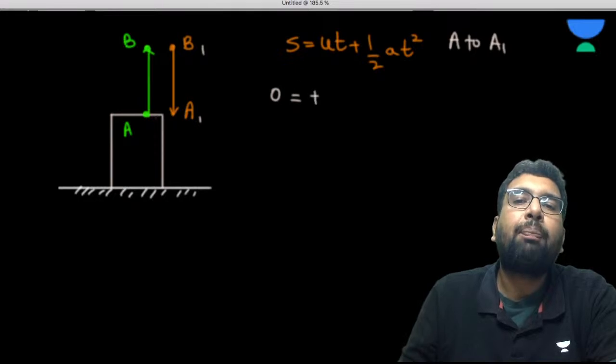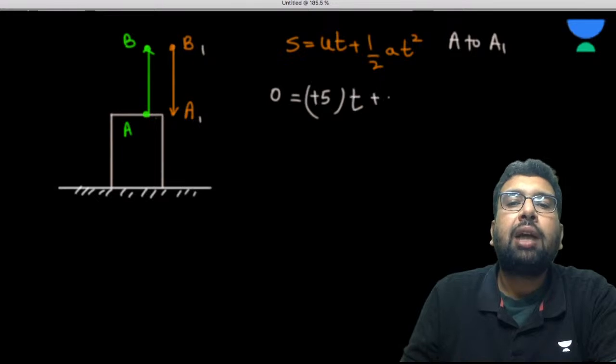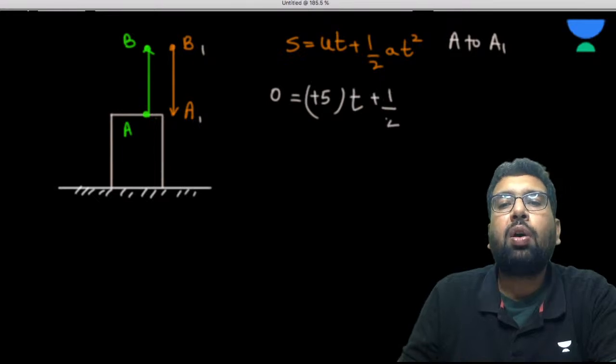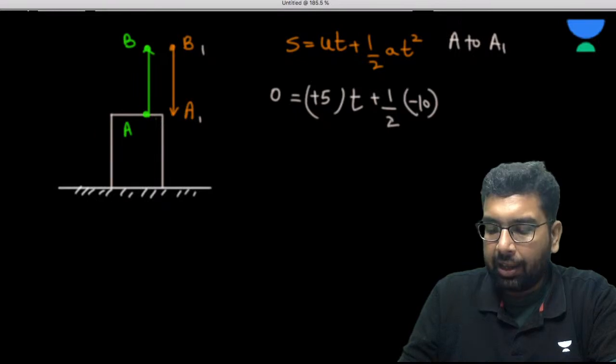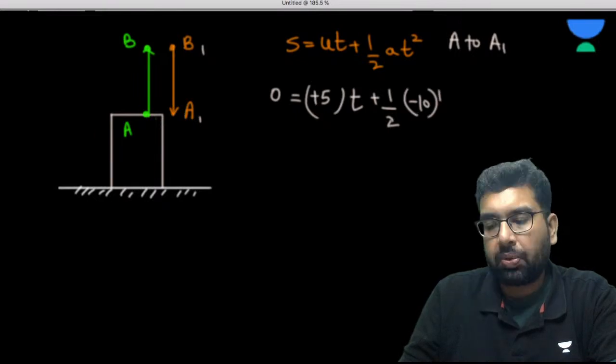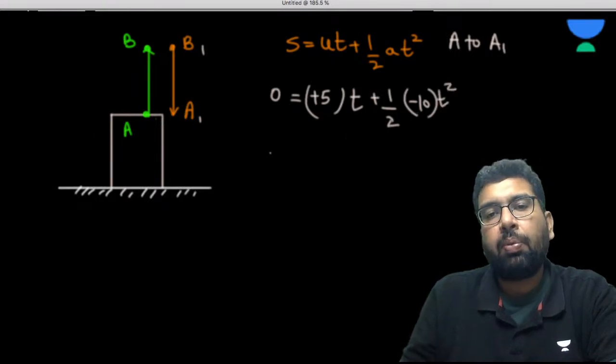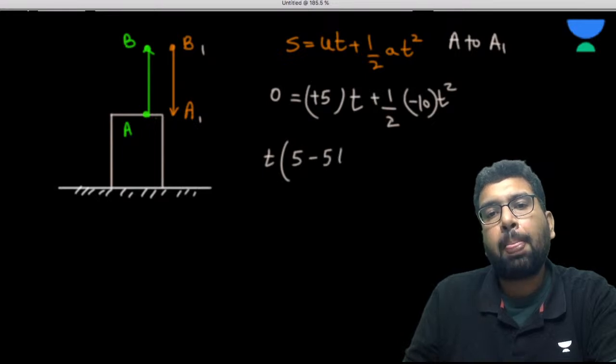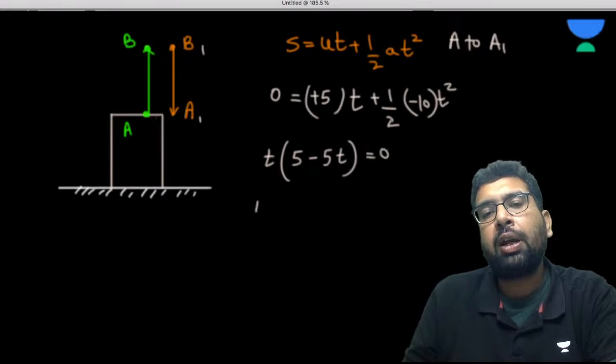It is plus 5 meter per second, then plus half a t square, where a is always equal to minus g under gravity. Now if I take t common, this will be (5 minus 5t) times t equal to 0. So from here, you get t equal to 0 and t equal to 1 second.